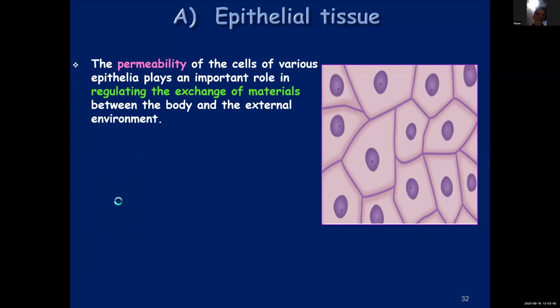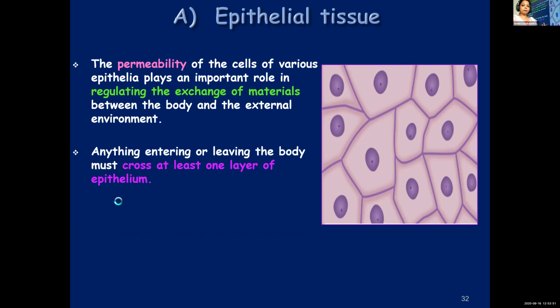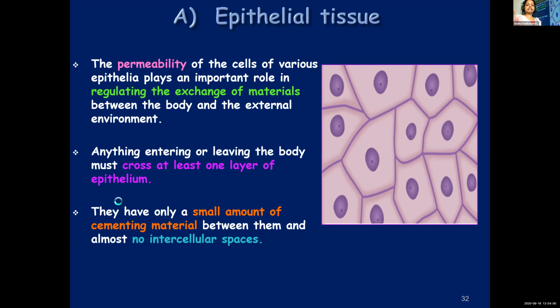The permeability of the epithelial cells plays a very important role in the exchange of materials between the body and the external environment. Why? Because anything entering your body should pass through at least one layer of epithelium. Then we learned that the cells in an epithelial tissue are very closely packed without any intercellular space, and there is very little cementing material between them.